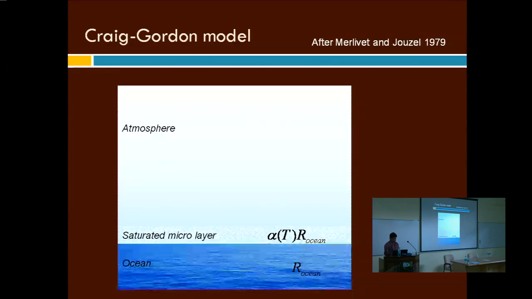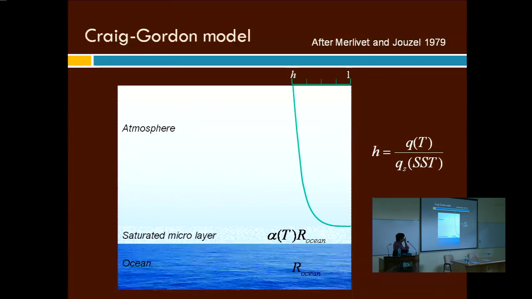But the atmosphere above that will have a humidity structure like this. Here I didn't take the actual humidity; instead I took the relative humidity with respect to the SST. So it will have an exponentially decreasing nature.